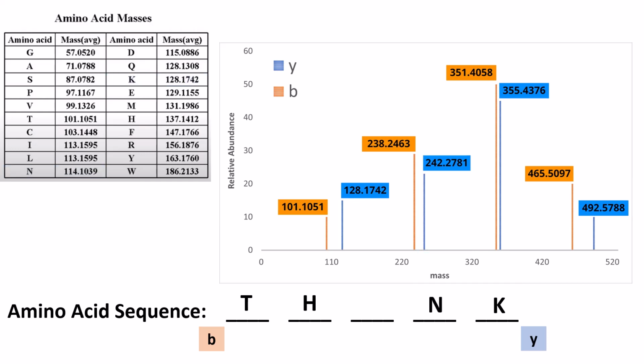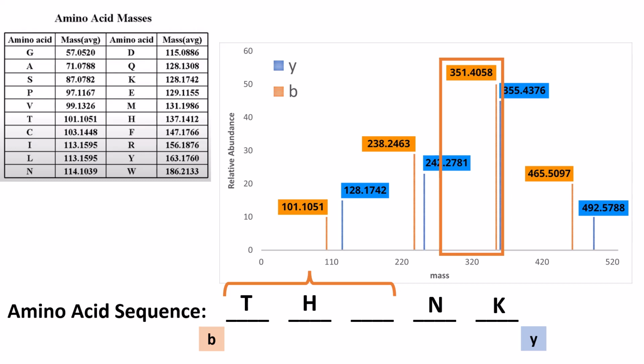The peak with the next smallest mass value is a B ion. We can assume that this peak includes 3 amino acids. The first 2 amino acids we know are threonine, T, and histidine, H. We know that the mass of these amino acids is 238.2463 from the previous B ion peak.